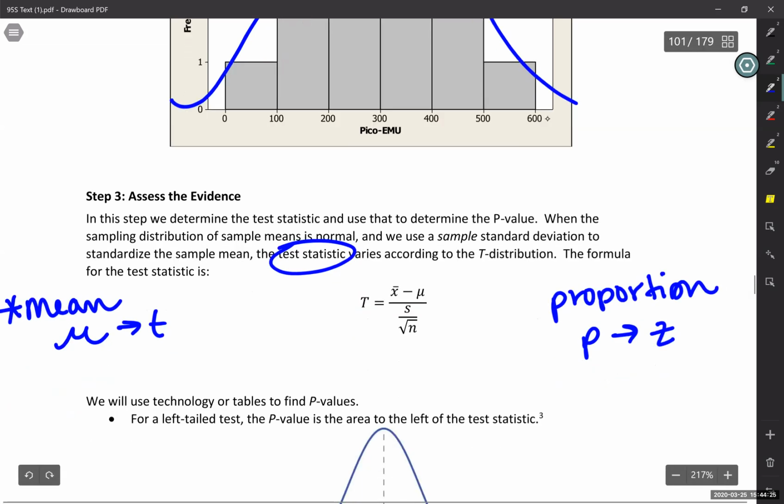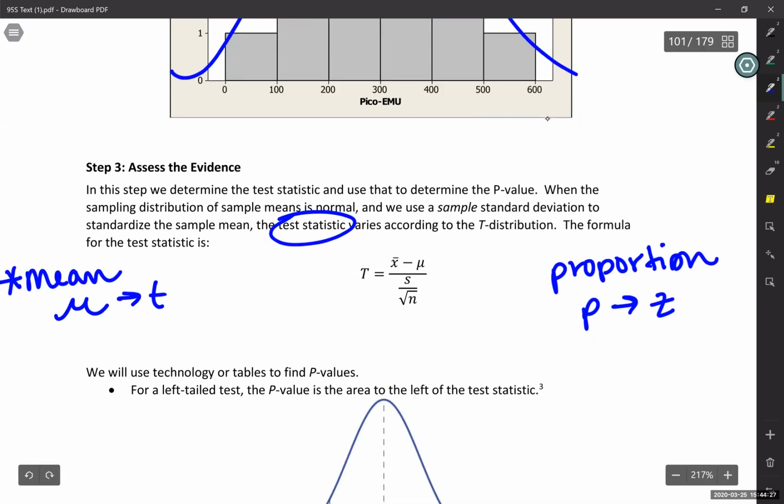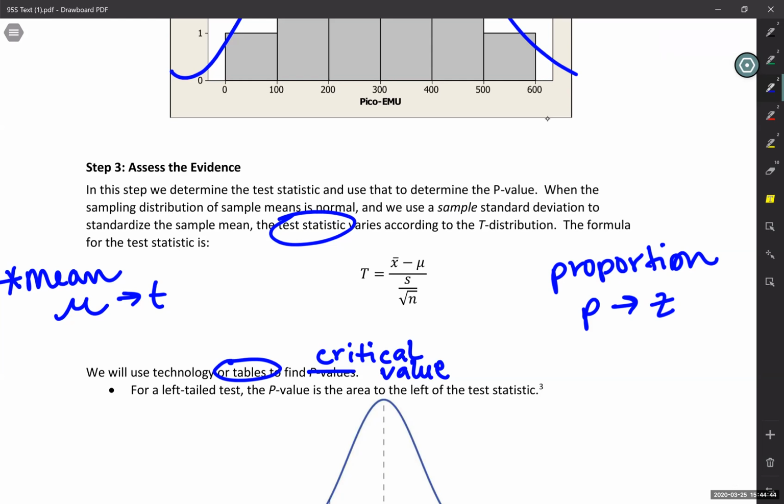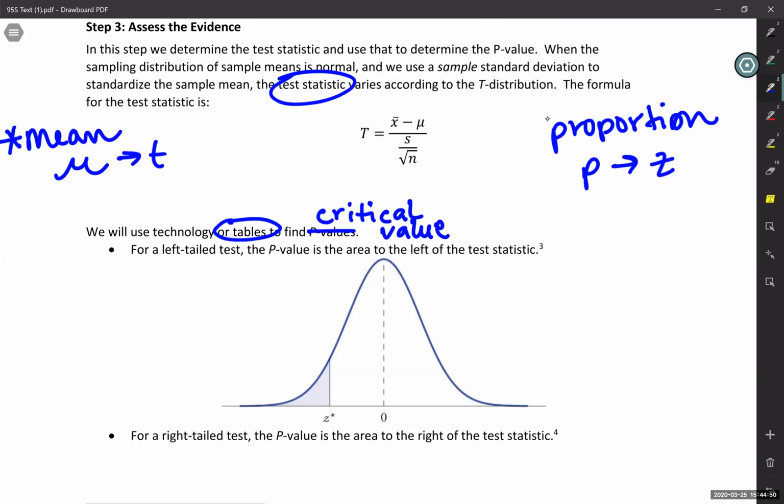Okay, so it says we will use technology or tables, so we're going to be using tables, and I don't call it the p-value, I call it a critical value. So we're going to be using the table to find the critical value. And so just as a reminder from 9.1, if it was a left tail test, we would go here.